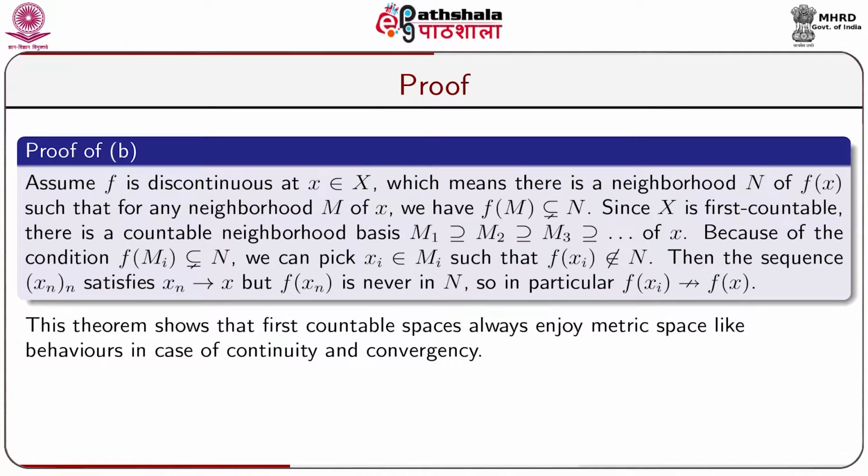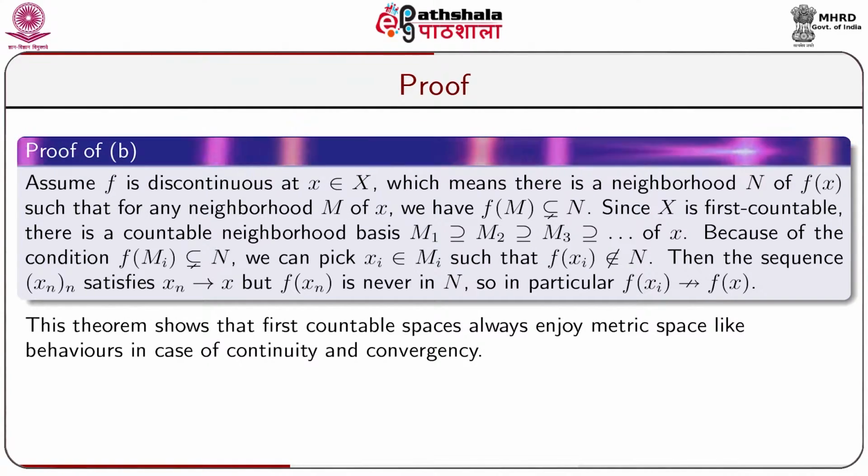Next we prove the condition which is called the Heine continuity criterion for metric spaces. In fact, the condition says that f is continuous at x if and only if for any sequence xn converging to x, f(xn) converges to f(x).